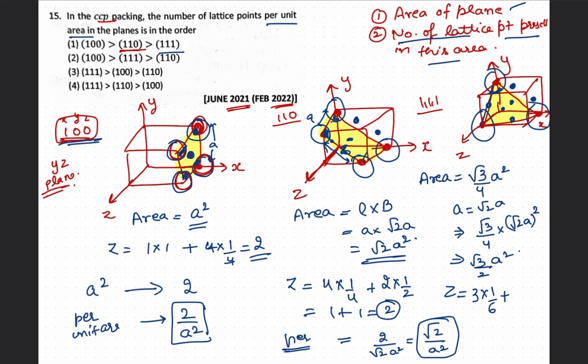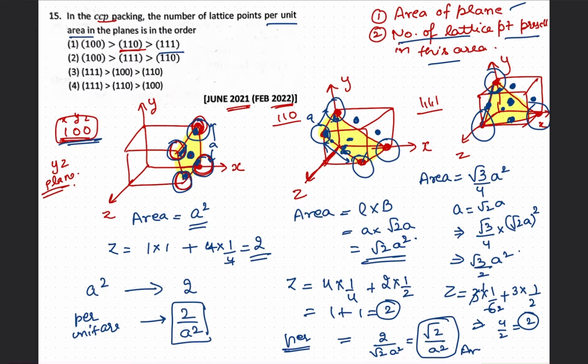And there are 3 face center atoms which are present in this. Okay, that you have to imagine, like in this plane there are these 3 atoms which are present and they will contribute half. Okay, now on solving this, 1 plus 3 by 2, that is 2.